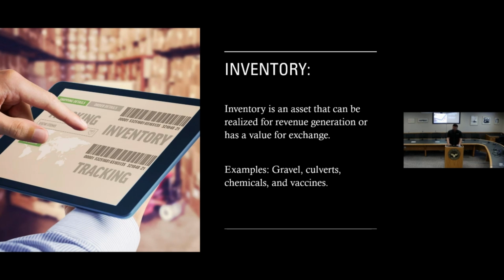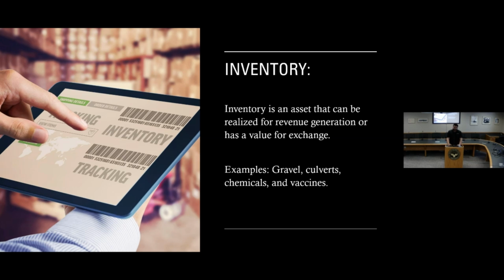Here's the definition of inventory. Inventory is an asset that can be realized for revenue generation or as a value for exchange. That means if you can sell something at a dollar value, that dollar value will be presented in your financial statements as an asset. If it has revenue generation, it has a value for exchange. That's a key indication.